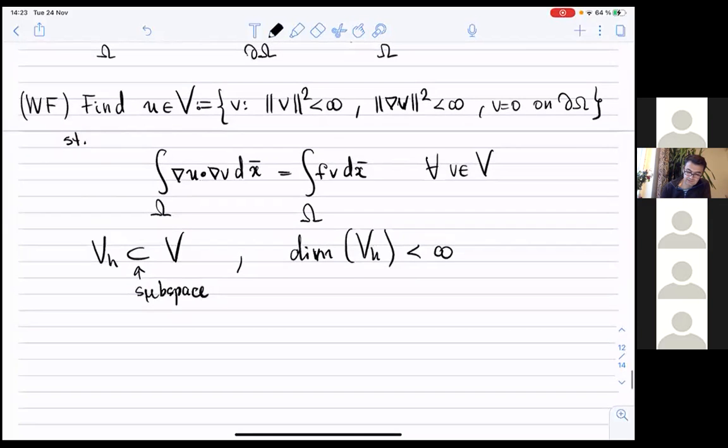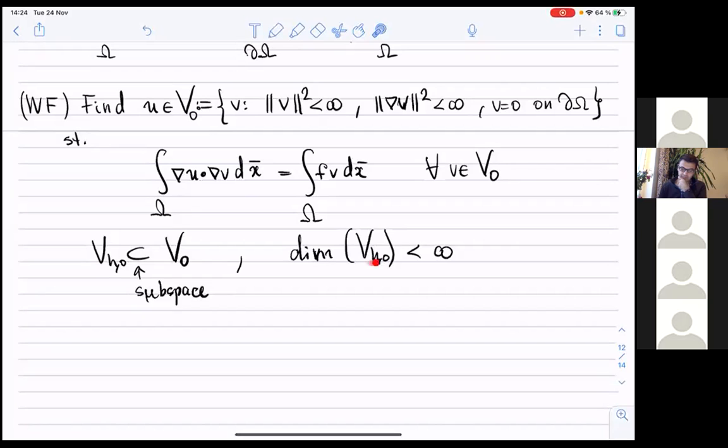Just to distinguish that we have this zero boundary condition, maybe it is nice to call this space V little zero. So we are looking for V_h0 in V0, and the dimension of V_h0 is finite.